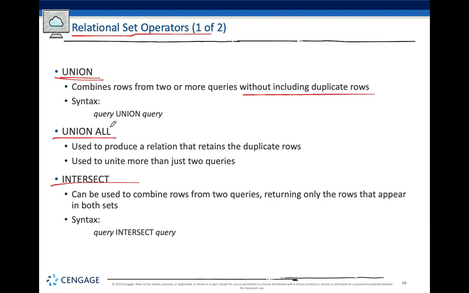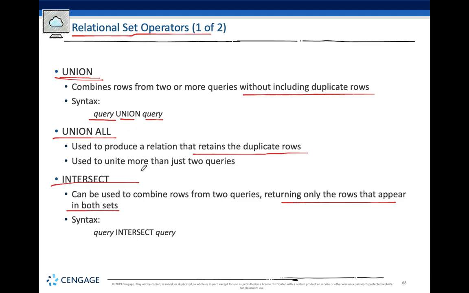And the syntax is very simple: query union query. Union all will do the same thing except that it retains duplicate rows. Intersect will only return rows that appear in both the queries. So query intersect query.